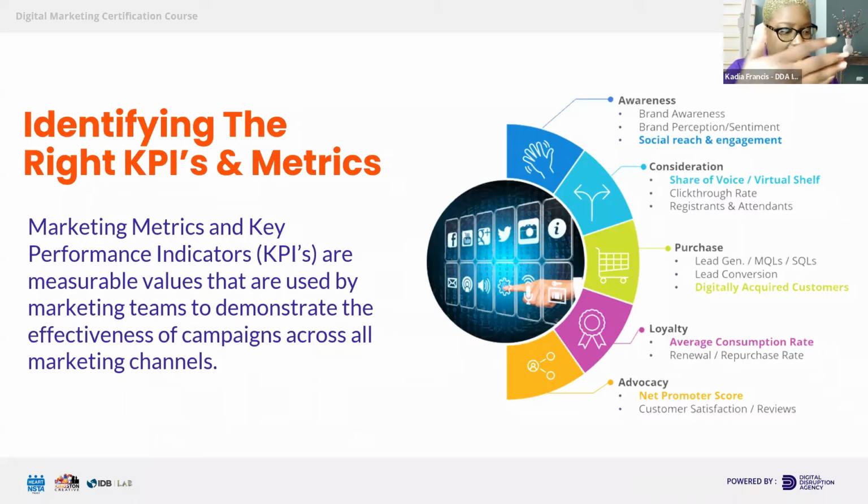I'll give you an example. You just launched your Instagram profile. You want to have 1,000 followers in 10 days, 20 days, a month, right? How are you going to know if, one, you're reaching the right people, two, you're engaging the right people, and three, they didn't accidentally follow you but intentionally followed you?